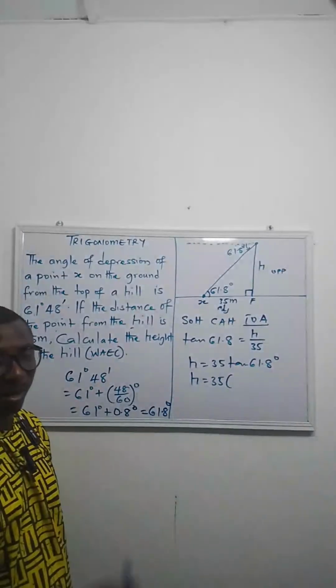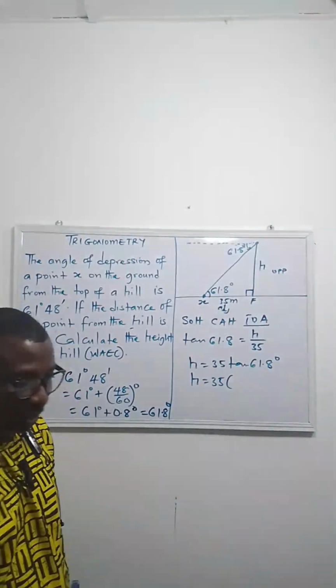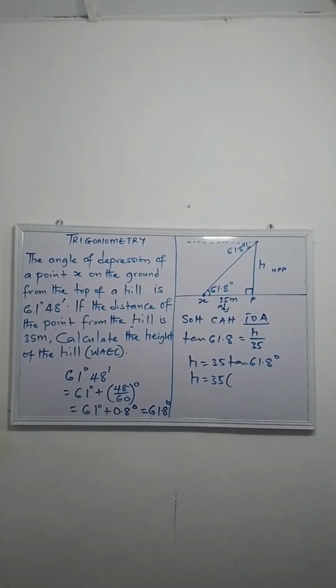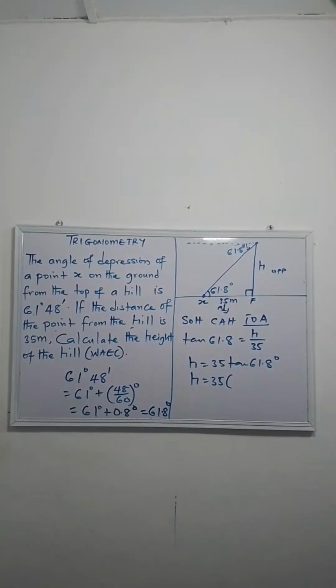Now do that and drop your answer in the comment section. Let me check now. Tan 61.8. So what do you have? All right, I can see Oluwatosin has given an answer, that's 1.8649.